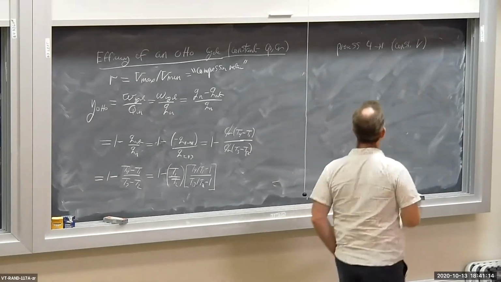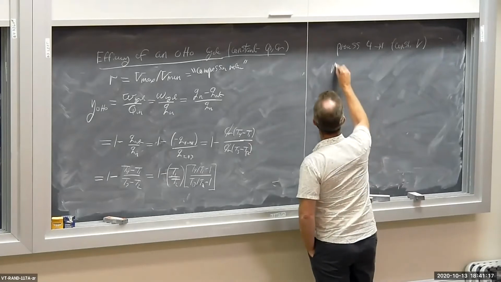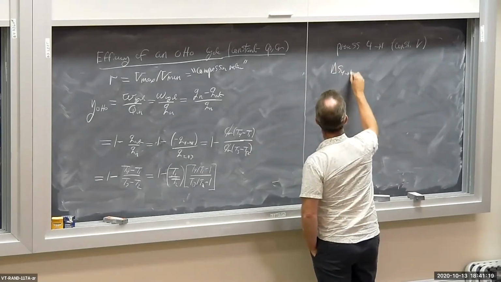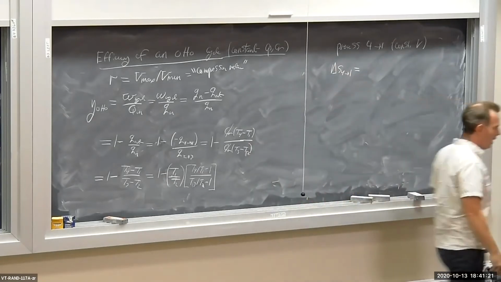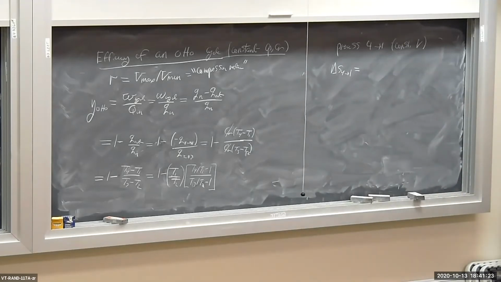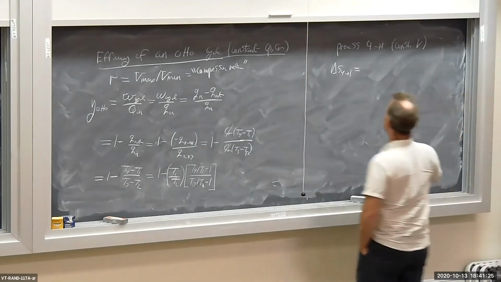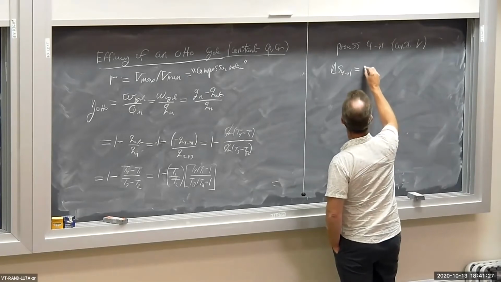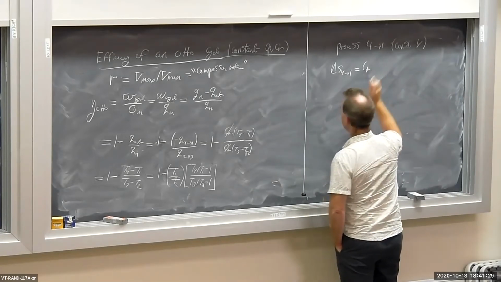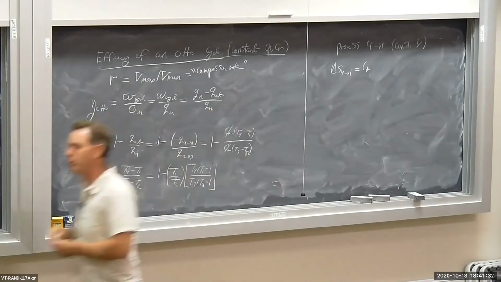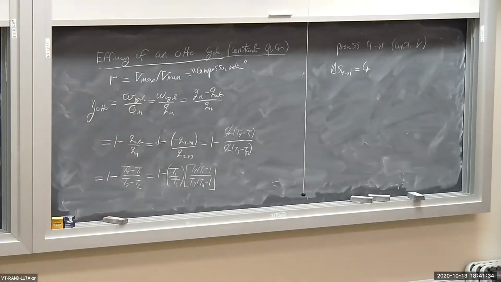Let's calculate delta S for process 4 to 1. Let's use a property relationship that involves those natural logs for constant specific heat.